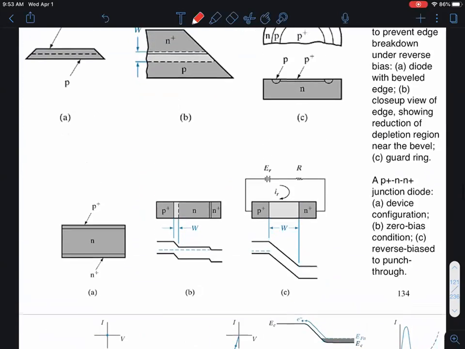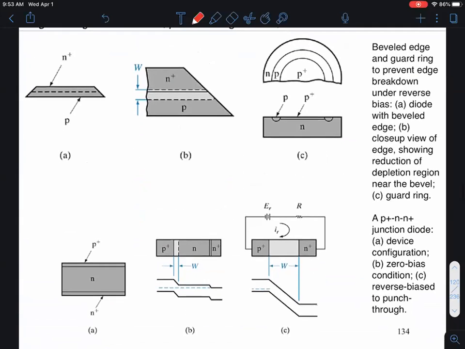Now, in an ideal diode, you'd like the diode to not break down easily in reverse bias and not leak so much. So there are tricks that people use to increase the breakdown voltage of a PN junction. I'm not going to go through this in detail. I'm also not going to test you on that, but very quickly, what people do are tricks like you take the PN junction and you purposely grind the edge, because the diodes tend to break down easily at the edges.